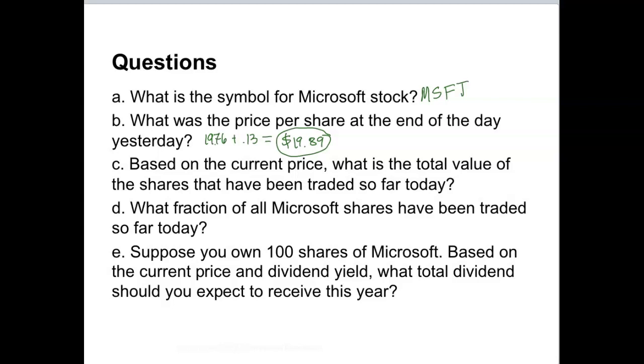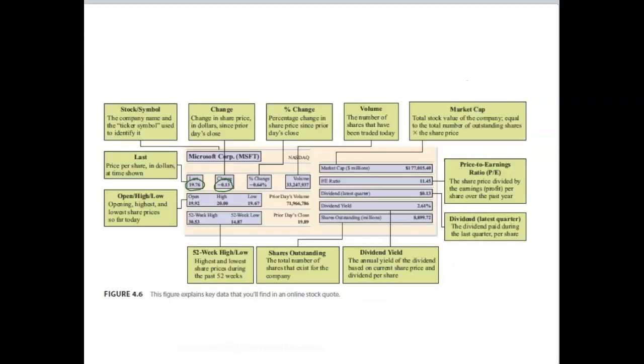All right. Based on the current price, what is the total value of the shares that have been traded so far today? Okay. So let's go back and let's see. Traded so far today, that's volume. The volume is the number of shares that have been traded today, and that's 33,247,937 shares.